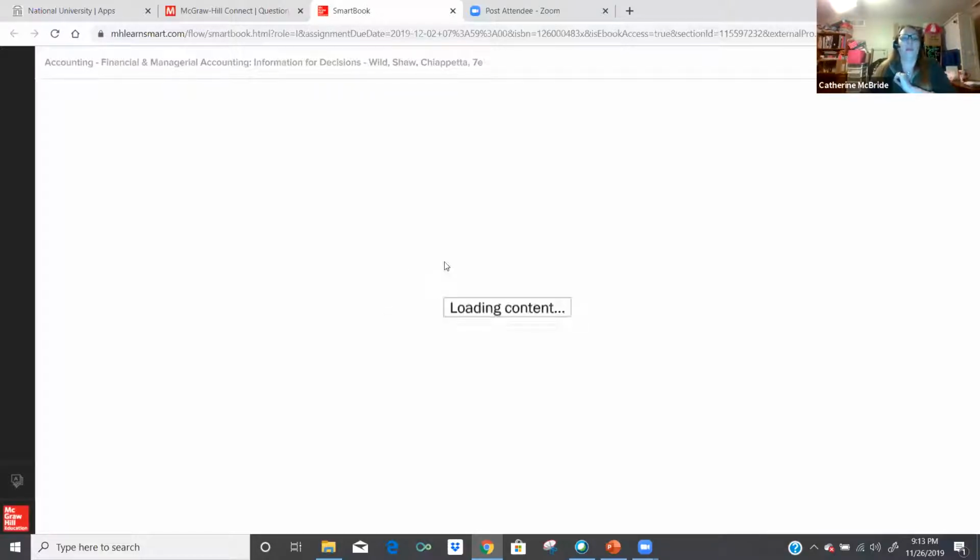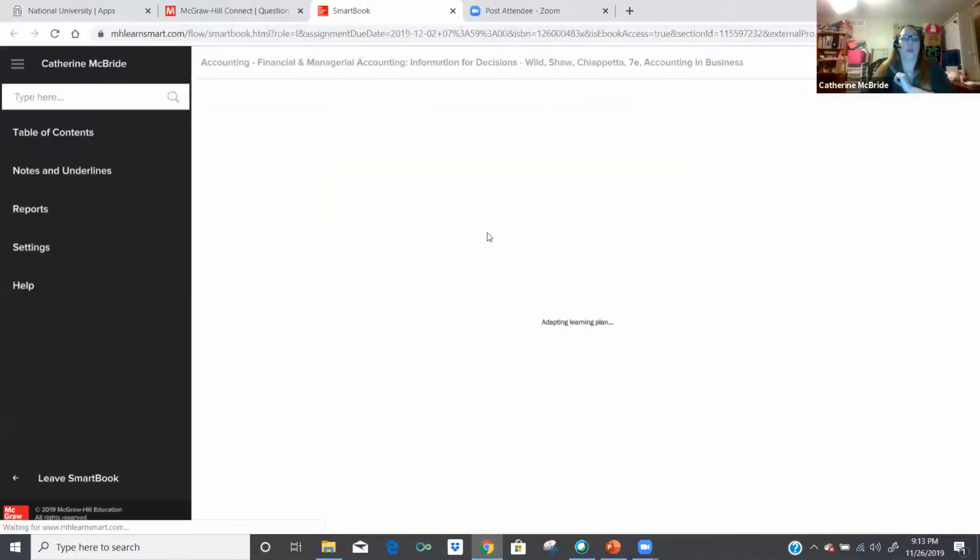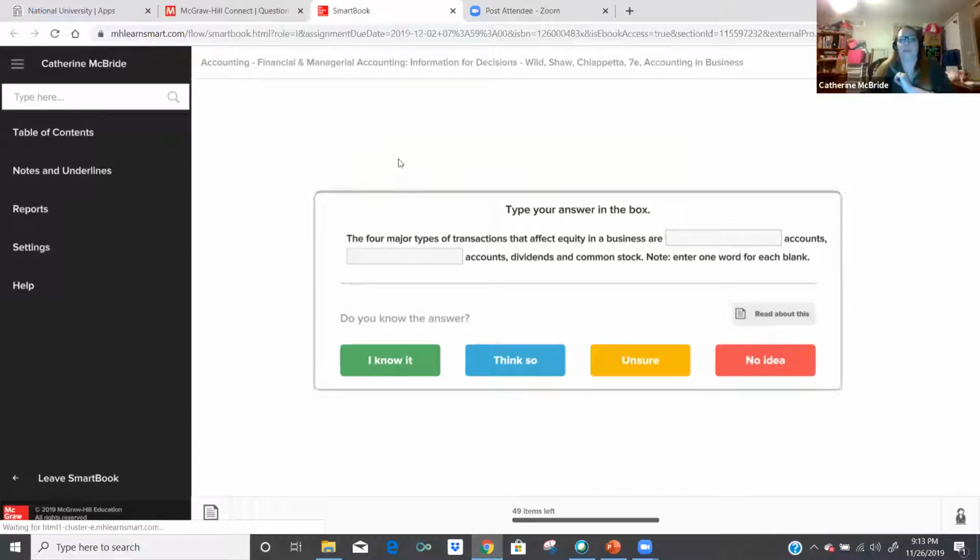An example of when this might not be beneficial for you is if you're studying something and you already have a background in it. When you open this, you can say, I think I know it, or unsure, and based on what you say and how you answer, the content will be adjusted for what you need to work on.